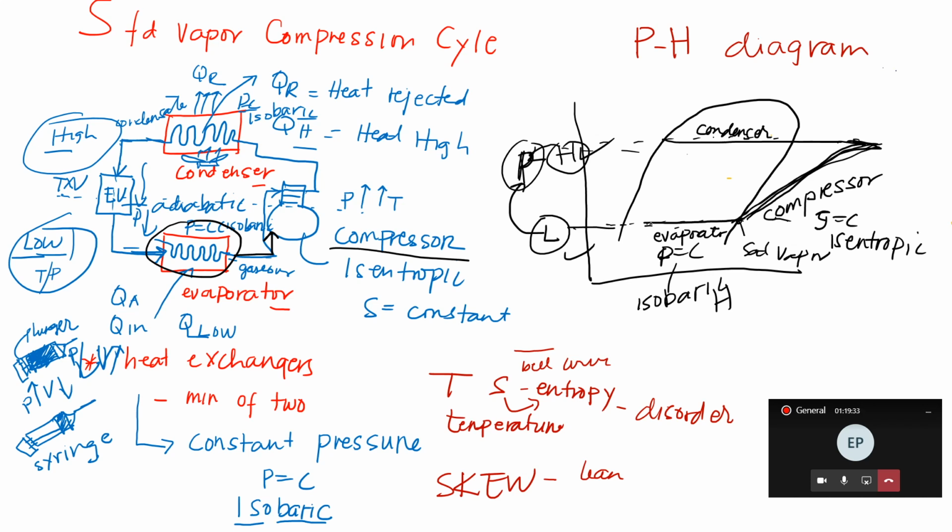Pag kinokompress mo ang gas or vapor, tataas yan, kasi gas is compressible. Pag tumaas yung pressure according to thermodynamics, ano mangyari sa temperature, class? Tataas ang temperature, right? Tataas din ang temperature dito. Pero tong region na to ay, ano to?